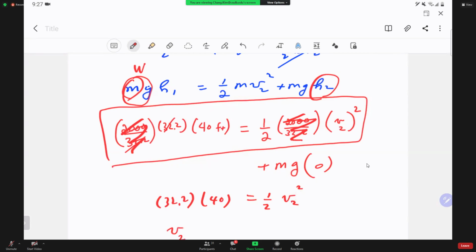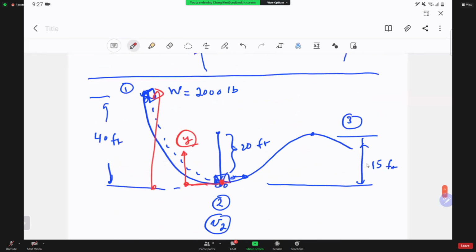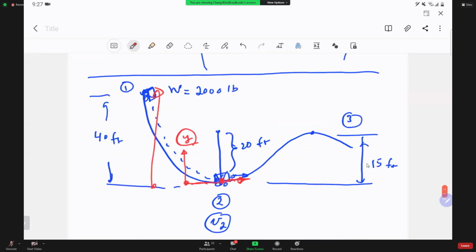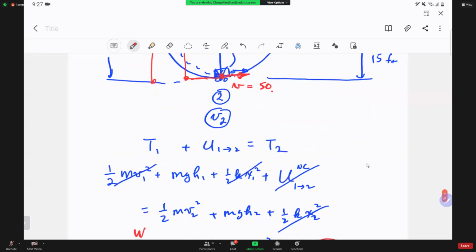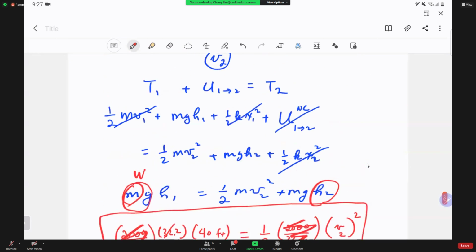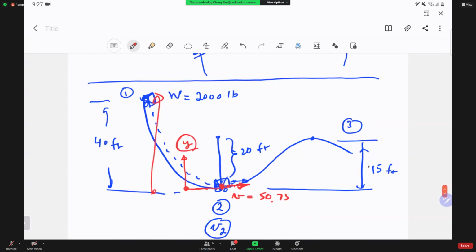So solving for v, the velocity at point 2, or position 2, is about 50.75 feet per second. So this moves in this direction with a velocity of 50.75 feet per second.